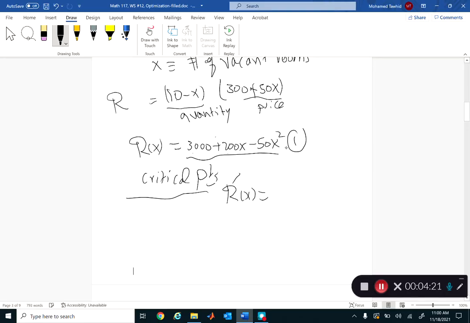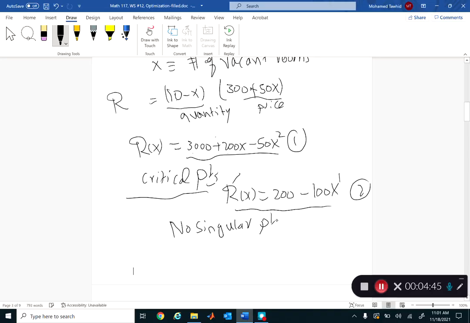The derivative of 200x is 200, minus the derivative of 50x squared, you get 100x. I call this equation number 2. If I look at the derivative, guys, you will see that it is a polynomial of degree 1, so the derivative always exists for any real number x. Because of that, I don't have any singular point.